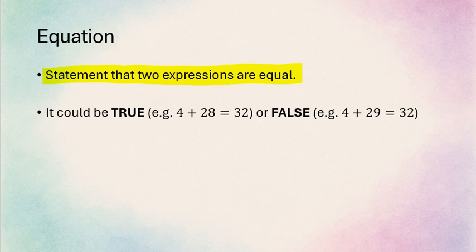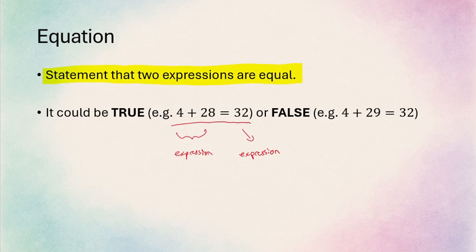Okay. So if you have a look here, you'll notice that there's a true and a false response. So we have 4 plus 28 equals 32. So this is one expression, and this is also another expression, okay? So that's what we mean by two expressions are equal to each other.